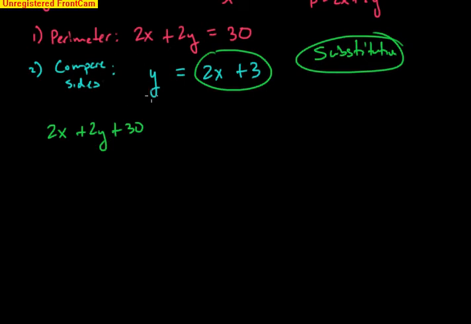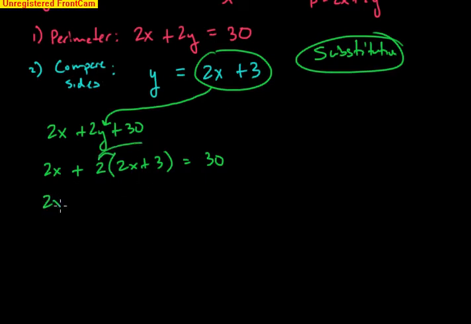So in that first equation, I'm going to put 2x plus 3 in for y. 2x here plus 2 times what y is equal to, 2x plus 3, equals 30. This is classic substitution. And now, distribute that positive 2. So the 2x stays the same here. This becomes a positive 4x. This becomes a positive 6. That stays 30.